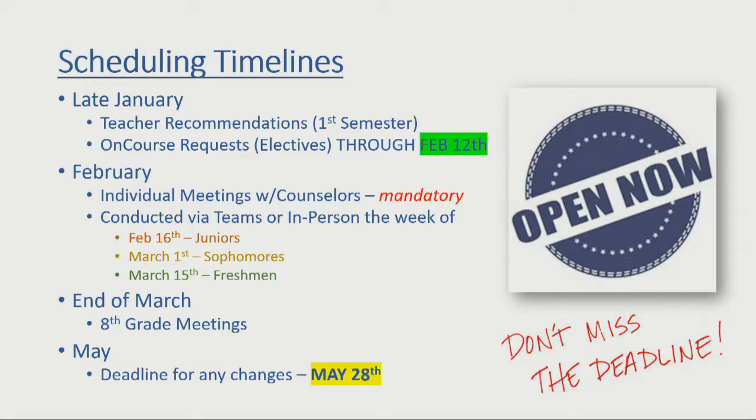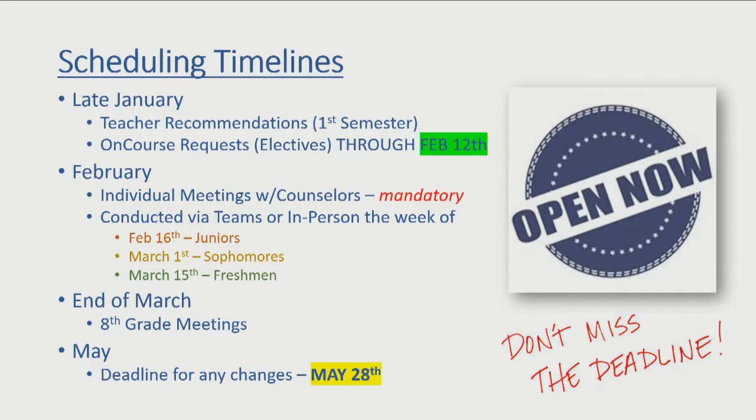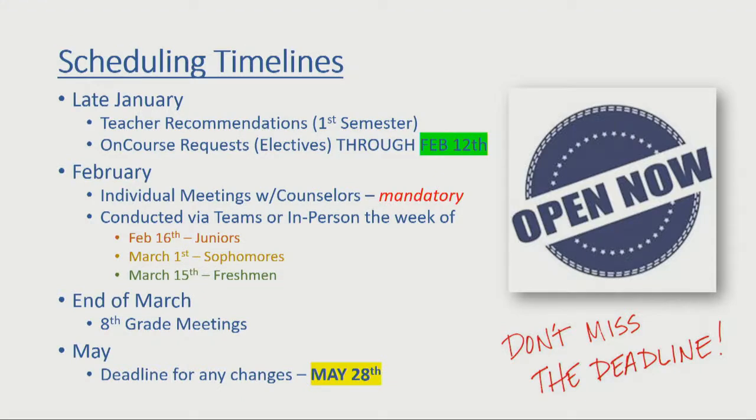So each student will meet one-on-one with their counselor. That is a mandatory meeting. That is not optional. Meetings will be conducted through Microsoft Teams, or if a student is in the building, you'll receive a pass or request to come down to the guidance office to meet with your counselor to have your scheduling meeting.